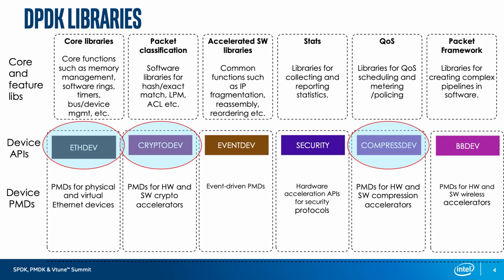So cryptodev and compressdev are generic APIs that the DPDK team put together with a bunch of different backing modules. So with crypto, for example, you use the same API to initialize Intel QuickAssist versus a software accelerated module that sits behind it. Some of the initialization is a little bit different, but submitting and completing IOs for crypto is exactly the same.